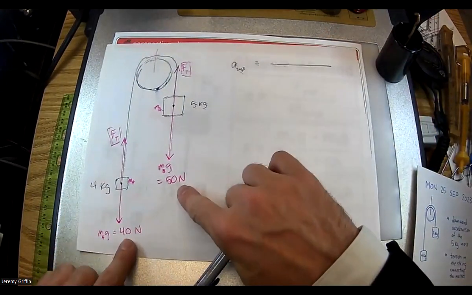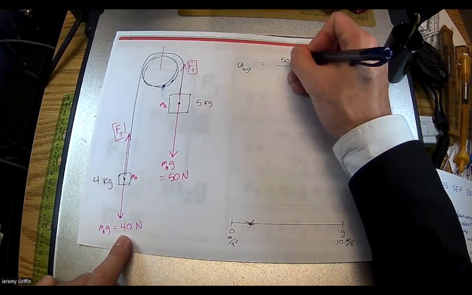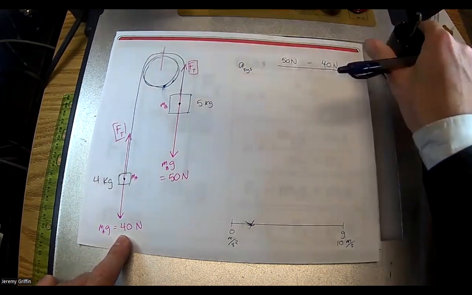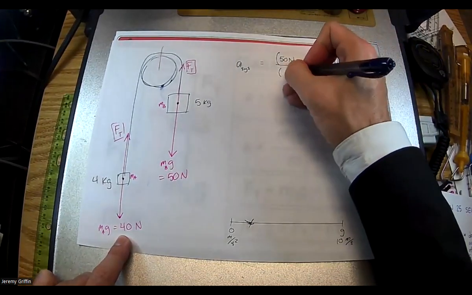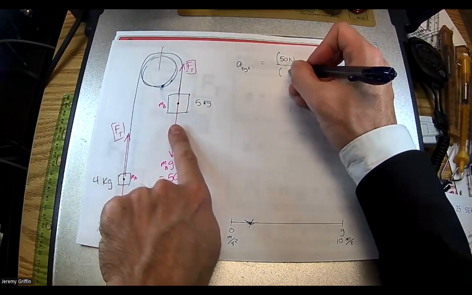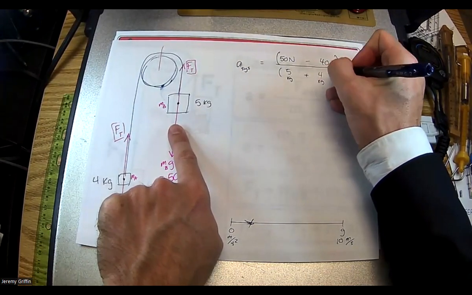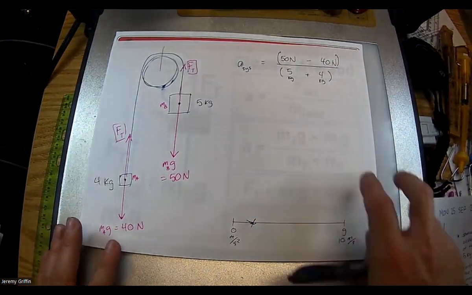Is, well, we got these two forces competing, clockwise versus counterclockwise. Let's go 50 newtons compared to 40 newtons. So it's like a net force there. And how much mass moved around? Well, we got 5 kilograms plus 4 kilograms. The forces I subtract, force is a vector quantity, and they're fighting each other.